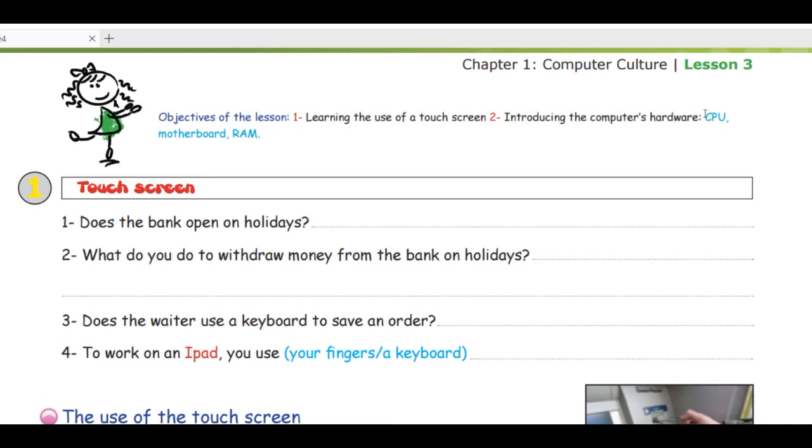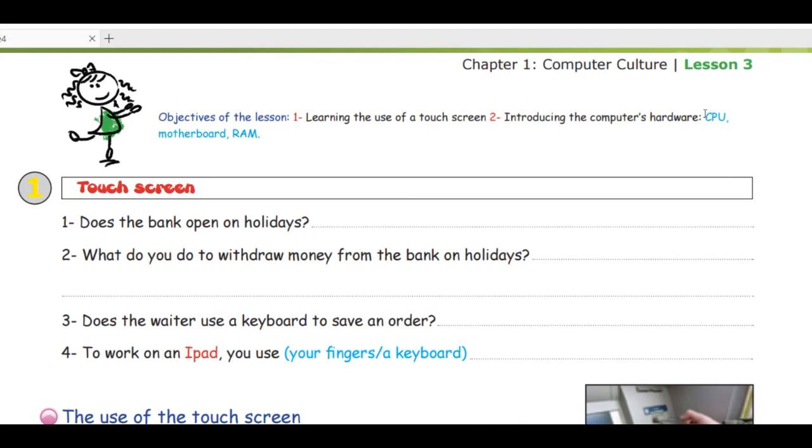Sure, the answer will be an input device. And then you ask them, is it possible to have the microphone as an output device? Sure, the answer will be no. So a device usually cannot be at the same time an input and output device. That's what you should explain to students.